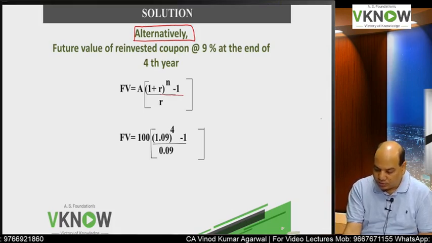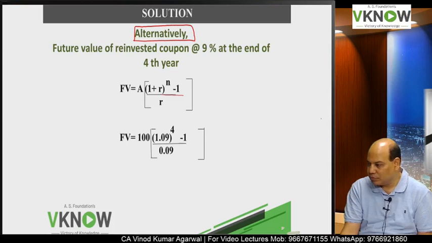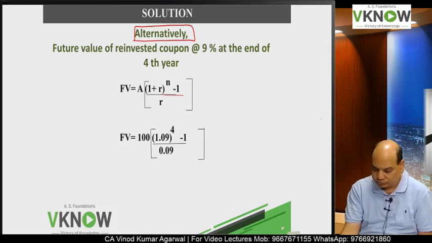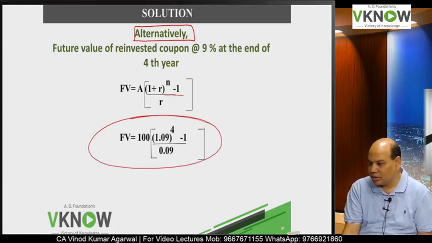So I will put the numbers and you will give me the answer. 100 into (1.09 to the power 4 minus 1) divided by 0.09. Please solve this and give me the answer. Anybody?